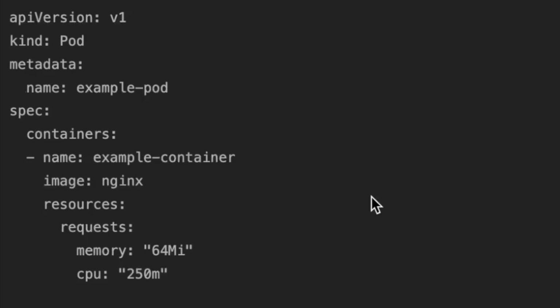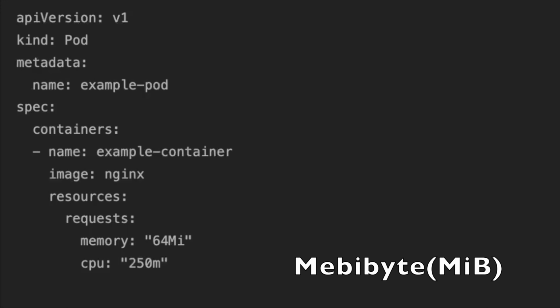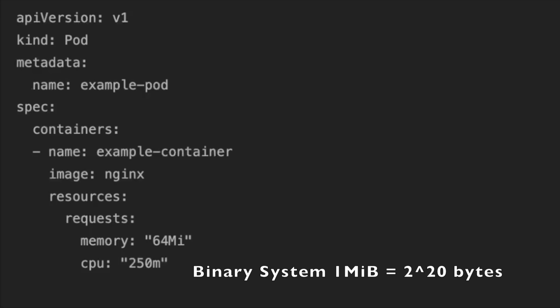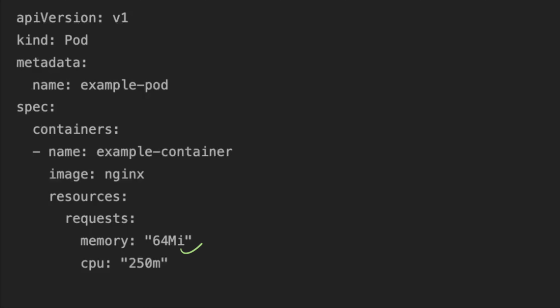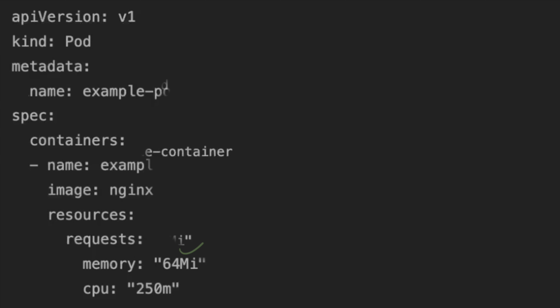As you see on the screen, this pod has a request for memory and CPU. It's requesting 64 MiB. The unit is in the binary system, so a MiB is 1,048,576 bytes.